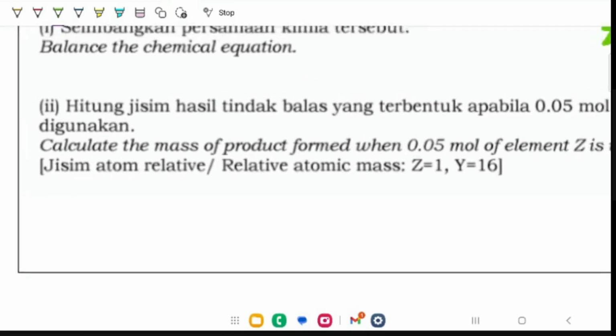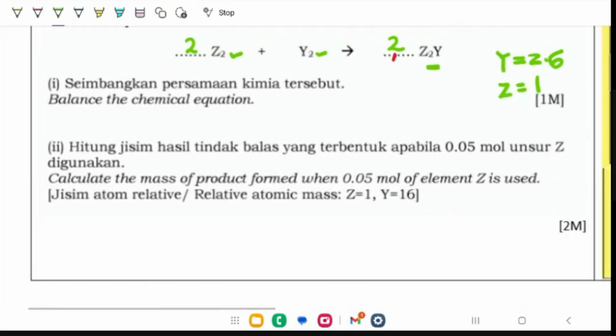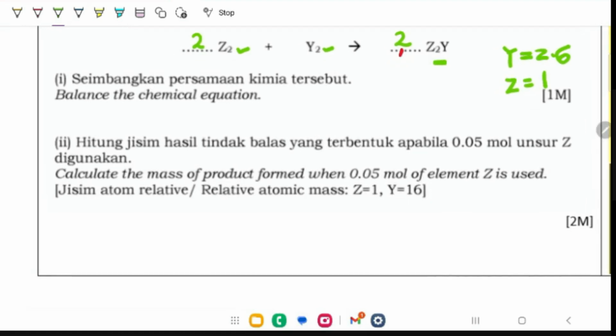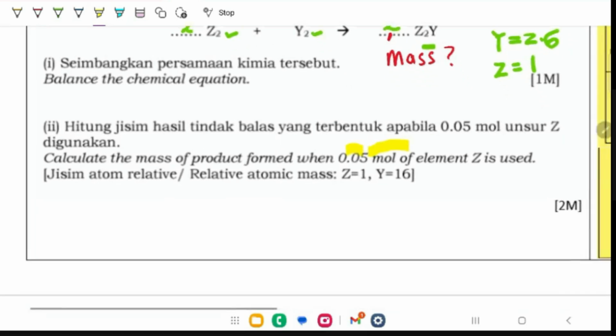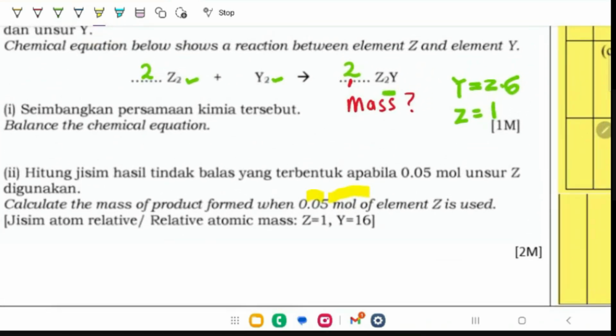Now learn the calculation. Revise again for the form. Sorry, chapter 3. Okay, calculate the mass of the products formed. So what is the mass? If 0.05 mole of element Z is used.